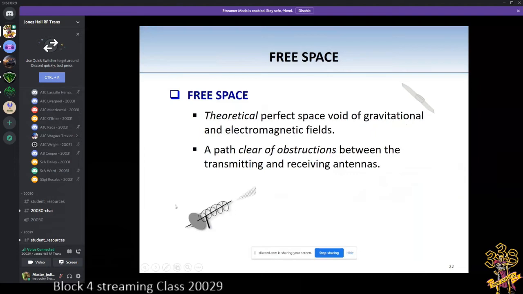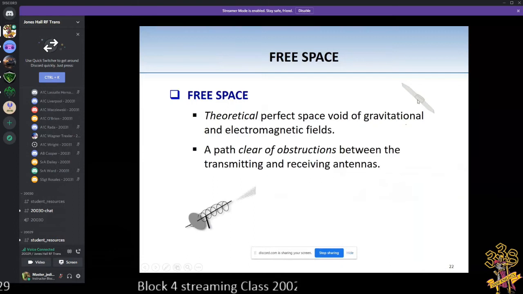Such as here is a SATCOM antenna, and it's transmitting to a satellite. Well, you know you have to have a clear line of sight. So if you have a clear line of sight, the only thing between this SATCOM antenna and the satellite is space, correct? An area clear of obstructions.